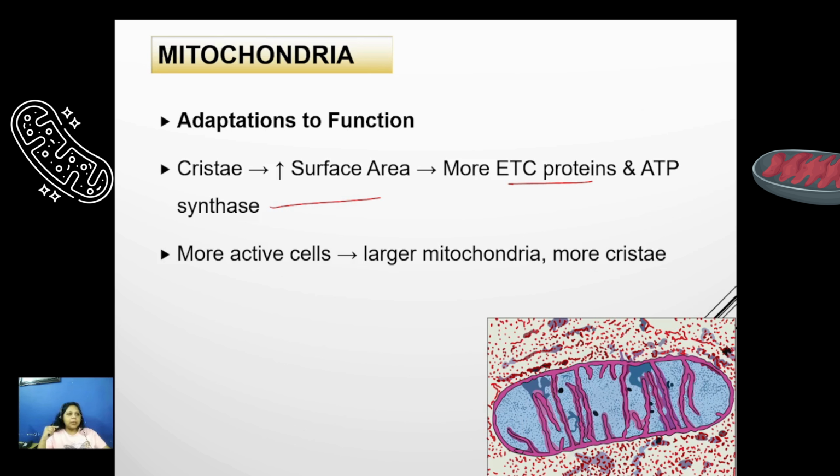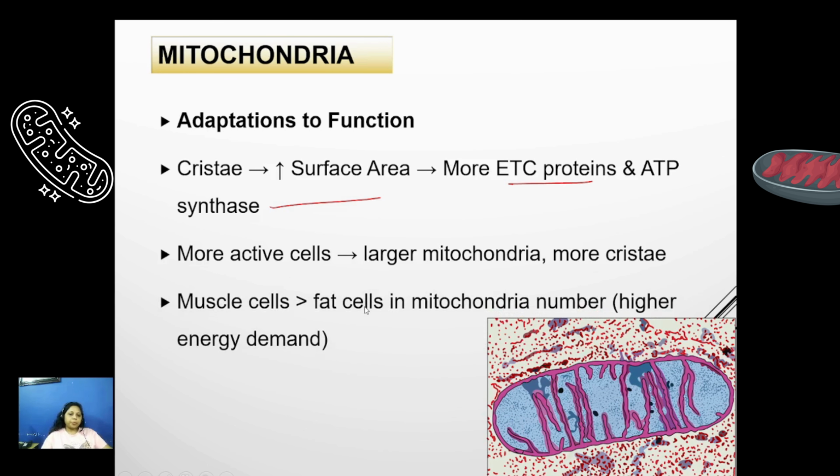It doesn't mean that there is a constant number of mitochondria in every cell. The number may differ, because cells which need more energy will have more mitochondria. Muscle cells have more mitochondria as compared to fat cells, because muscle cells are continuously moving, while fat cells are only storing fat.